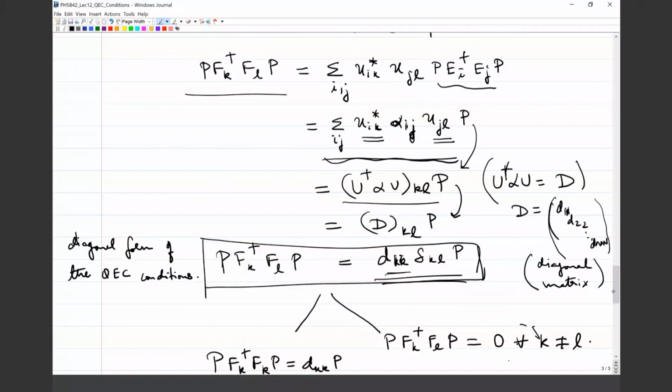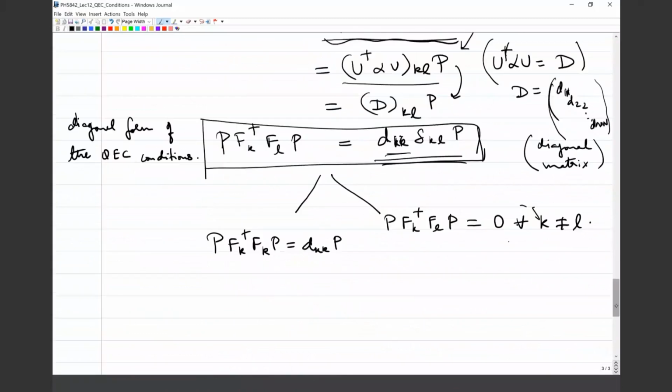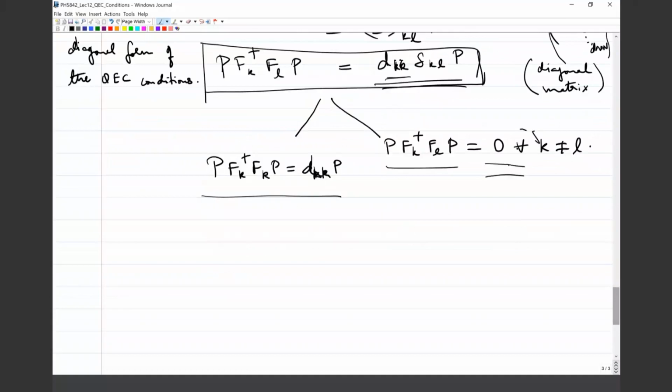Okay, so now let's look at this diagonal form of the condition. For the same Kraus operator, this is saying something interesting. And for two different Kraus operators, it's essentially saying that the right-hand side vanishes. So let's look at the second part. What the second part is saying is precisely what I've been showing in these figures.